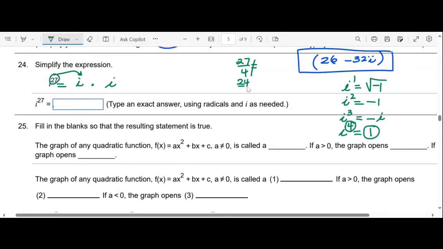What about 24? Yes, 24 divided by 4 gives you 6. So you can write i to the power of 24 times i to the power of 3. So your answer is i to the power of 3. How much is i to the power of 3? Minus i. So number 24 is minus i. Is that clear? It's clear.